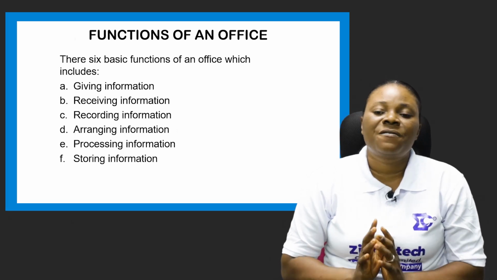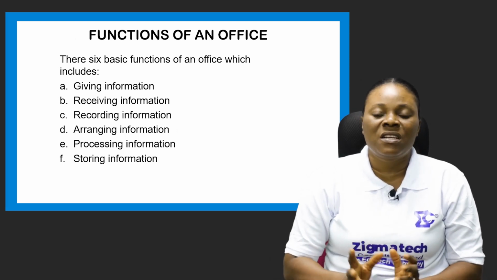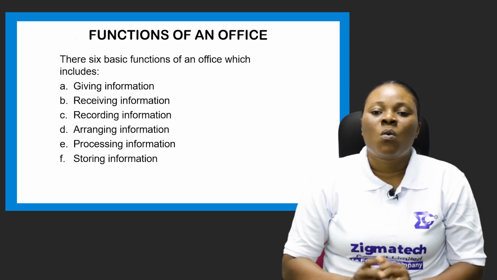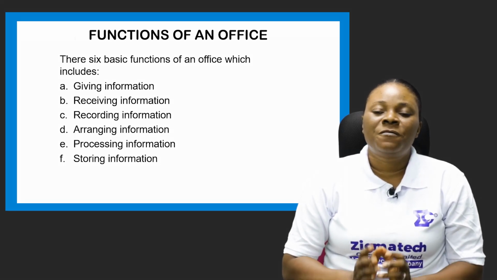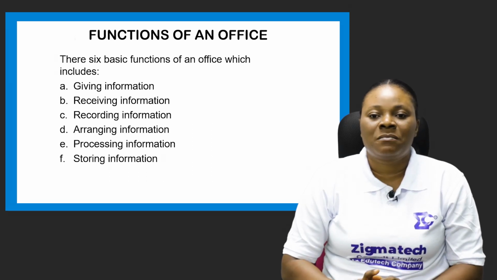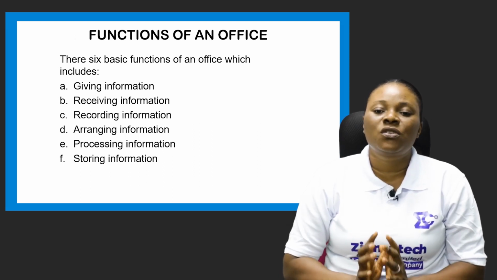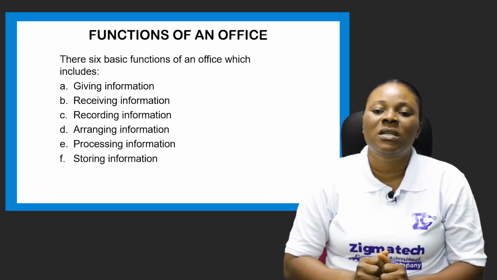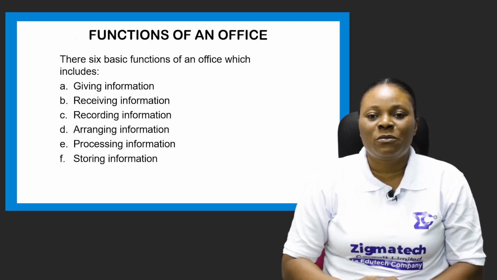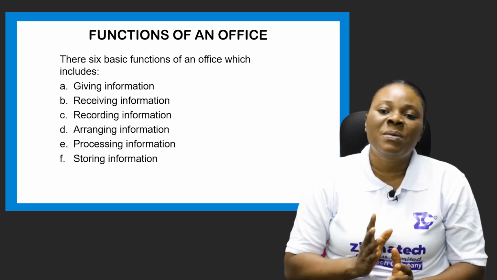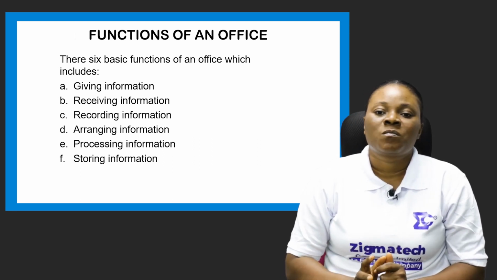The first basic function of an office is giving information. What do we mean by this? If, for example, you visit an office for the first time, I think the first thing you need to do is to get detailed information about activities carried out in the establishment. And the office is the place where you visit.